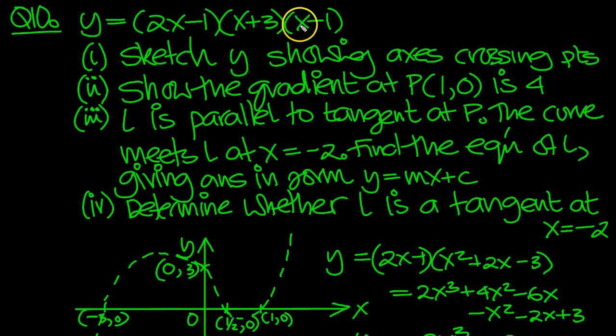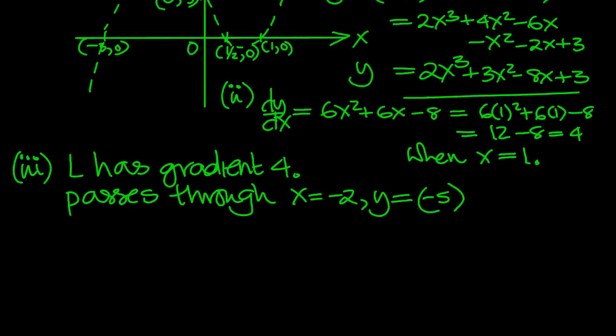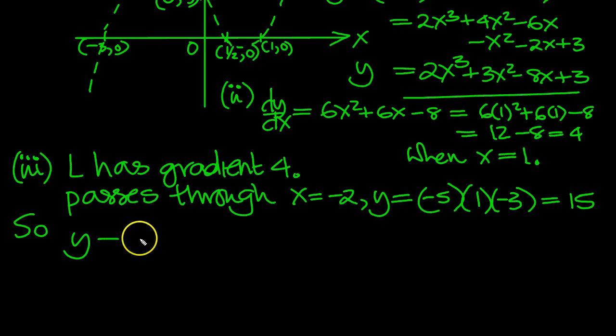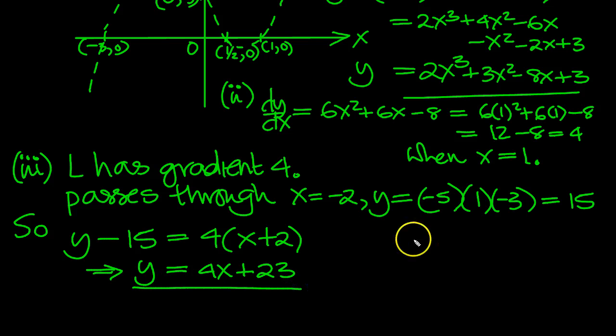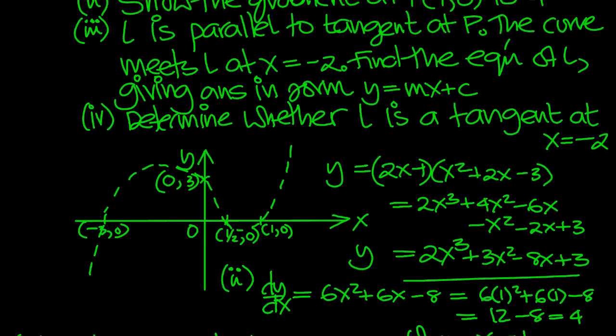Minus 2 plus 3 is 1, and minus 2 minus 1 is minus 3, so it's minus 5 times 1 times minus 3, and that gives us 15. So it passes through that coordinate. So y minus the y value, 15, is equal to the gradient, 4, times x minus the x value, which is minus 2, so it changes to a plus 2. We want the form y equals mx plus c. 4 2s are 8, move the 15 over to plus 15, 8 plus 15 is 23. y equals 4x plus 23, so that's the line L.